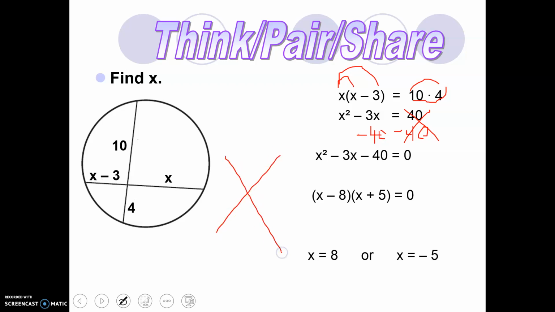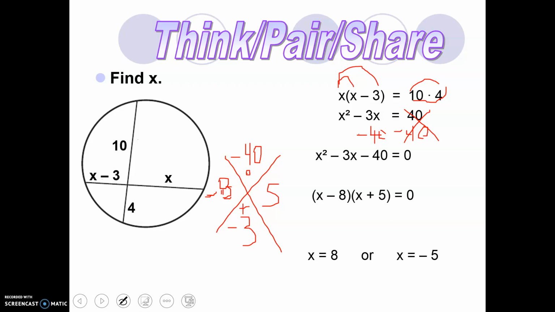Now if we set up our x factor problem, negative 40 and negative 3, a little bit of trial and error will lead you to these two constants, negative 8 times 5, because negative 8 times 5 is negative 40, and negative 8 plus 5 is negative 3.